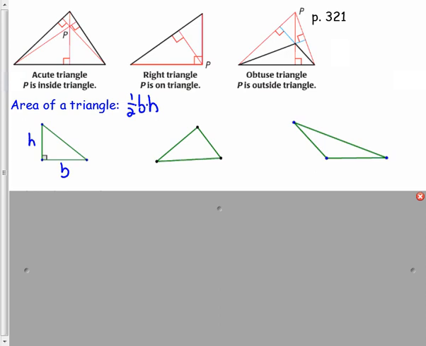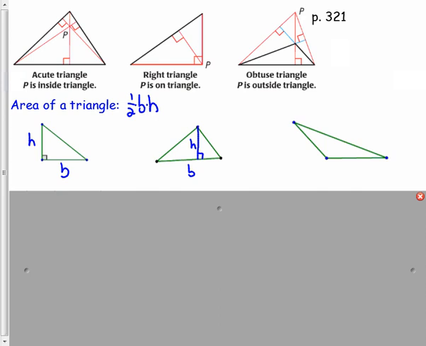Remember that your height is always perpendicular to your base. So on this next triangle, if I draw my altitude, the altitude will be your height, and whatever side your altitude goes to is your base. So here's one example of how that could look.